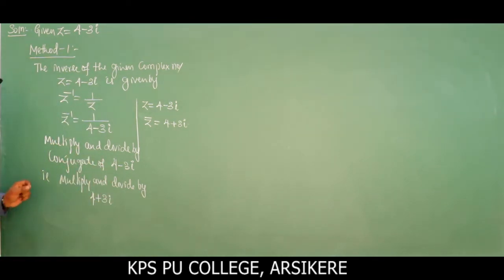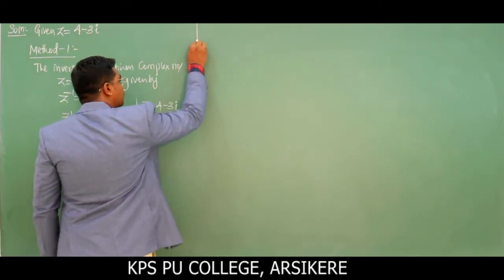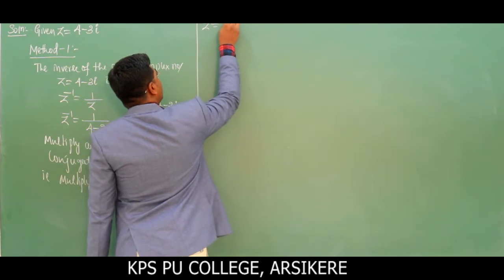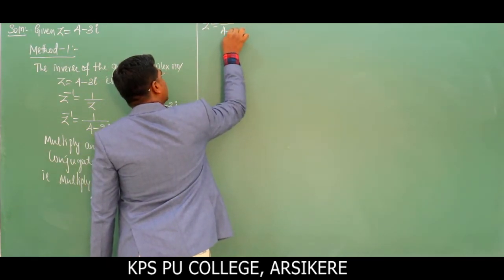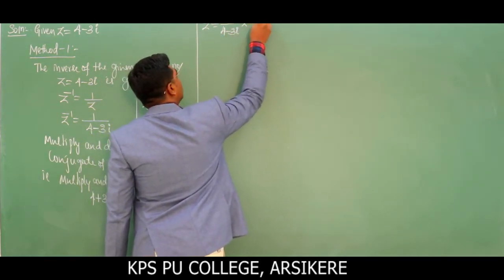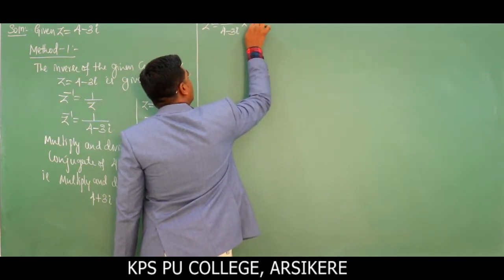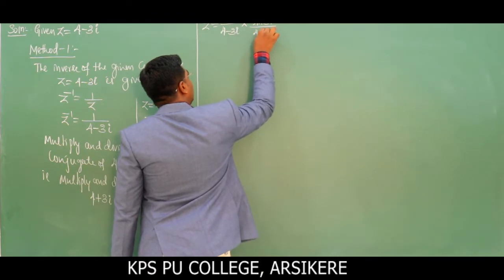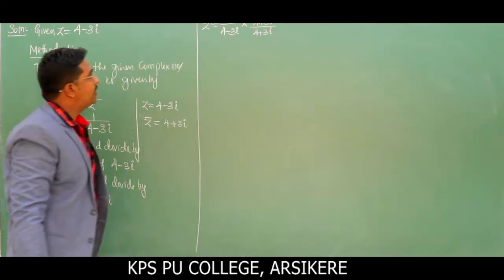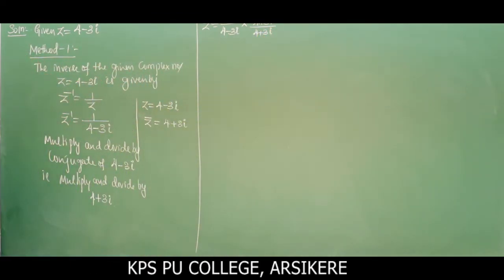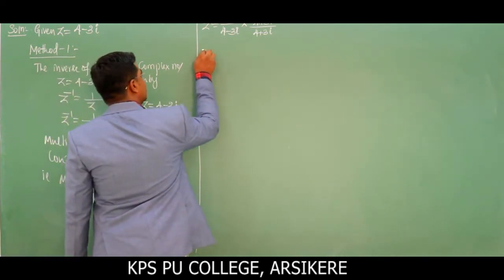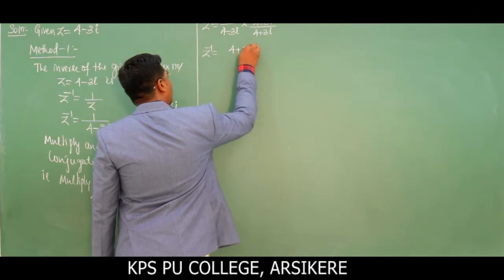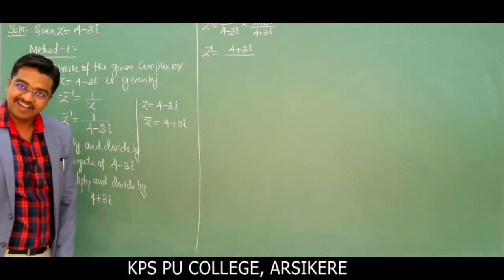So what will be left then? Z inverse is equal to 1 divided by 4 minus 3i into 4 plus 3i divided by 4 plus 3i. Multiply and divide by the conjugate. Right? So now this reduces as z inverse is equal to 4 plus 3i into 1 is 4 plus 3i.